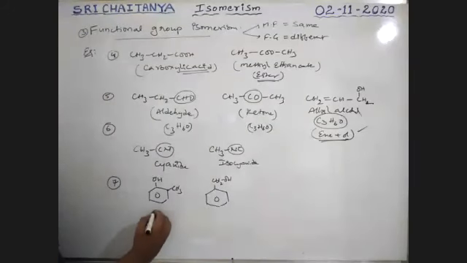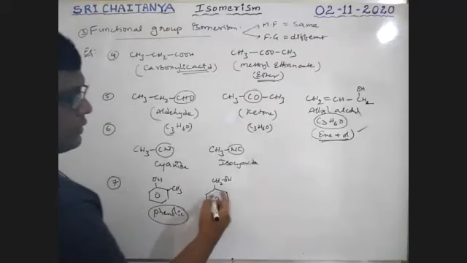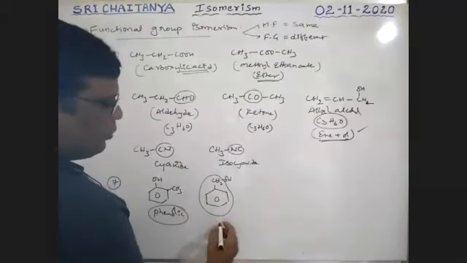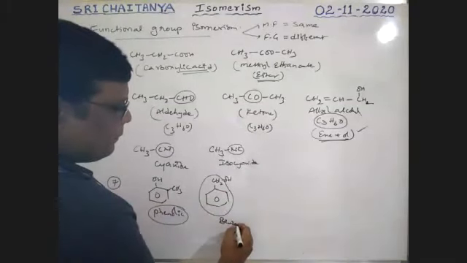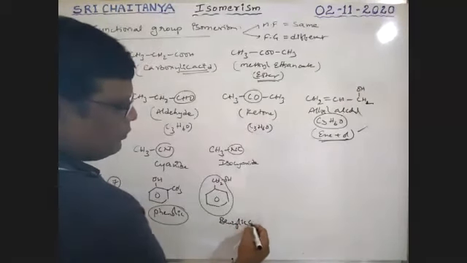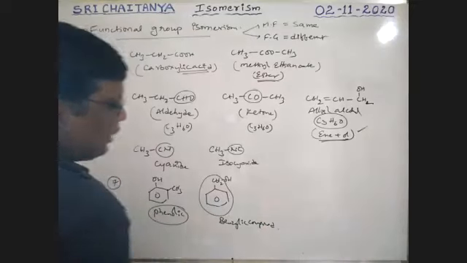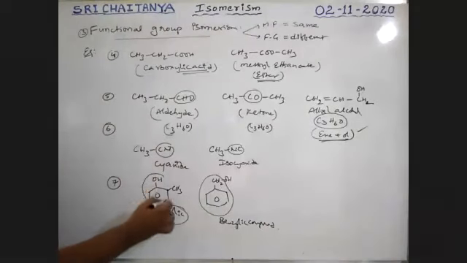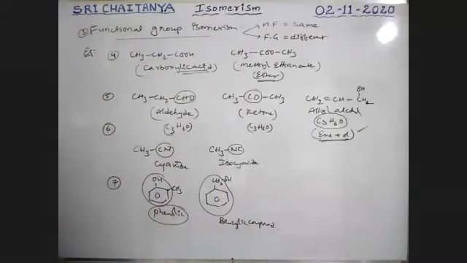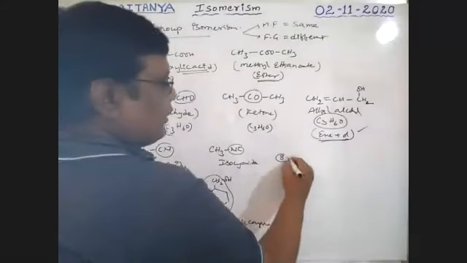See here, it is a phenolic compound and the other has a benzylic group. So the phenolic group is changed to a benzylic group. These two are functional isomers, boys. Okay. So next, eighth one.